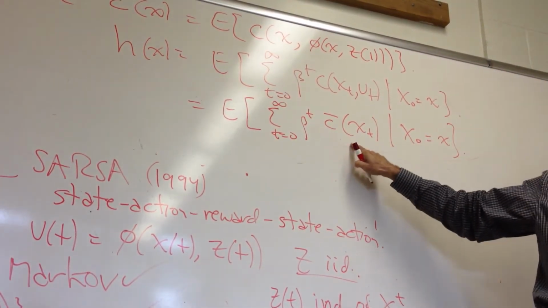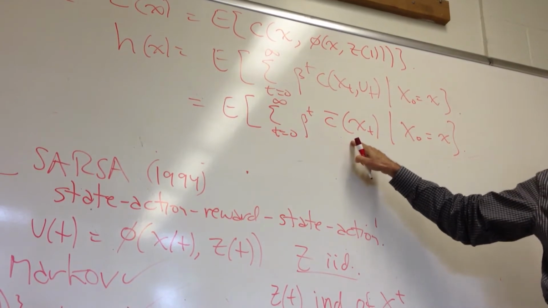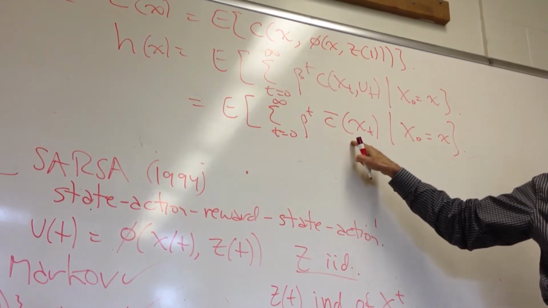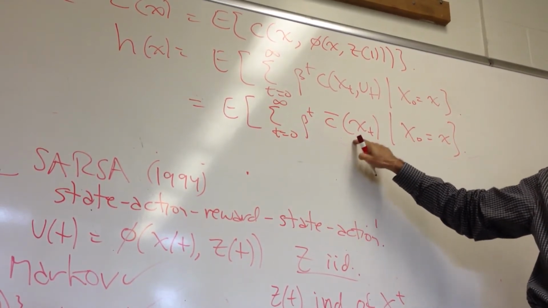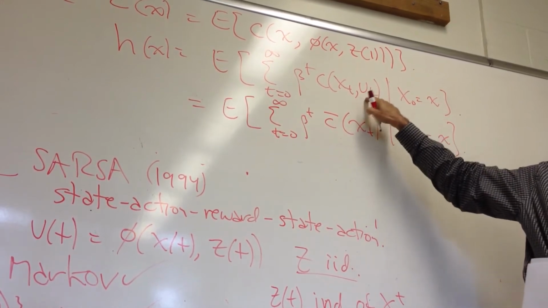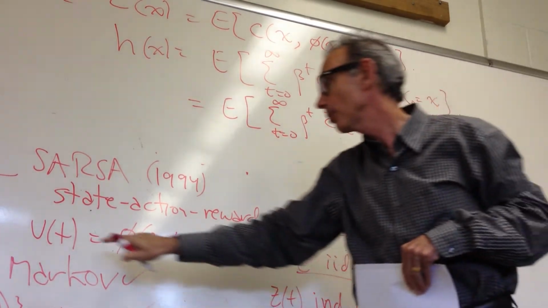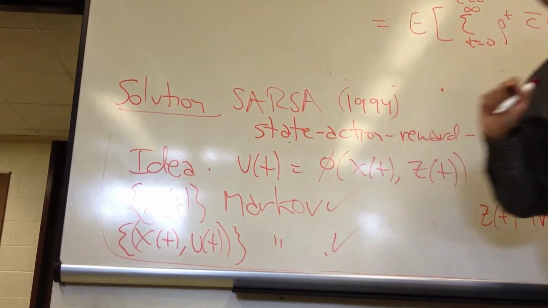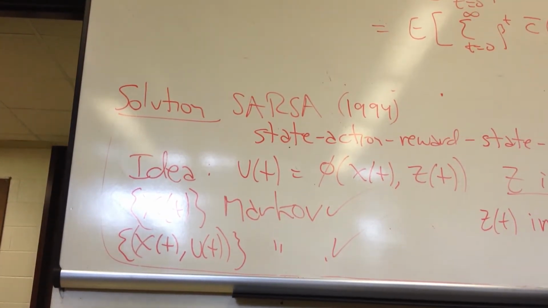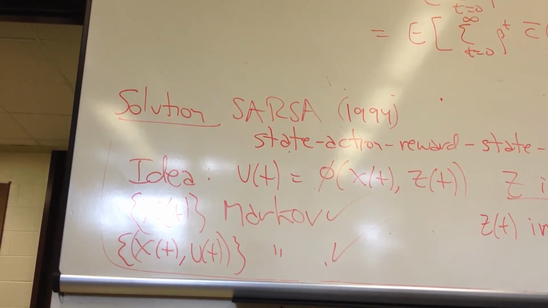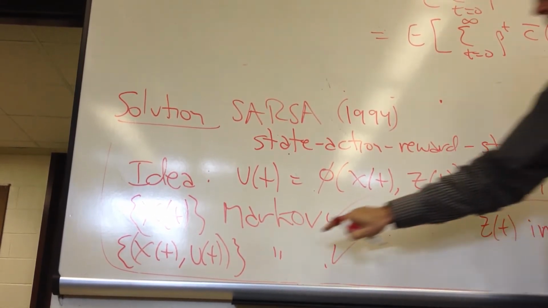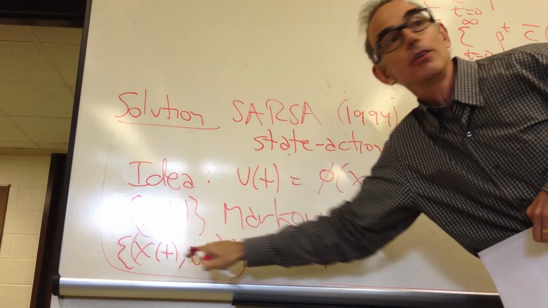So this was the justification for going through TD learning and LSTD. What I want to do is, instead of using this, go back to the dependency on two variables and use the fact that the pair process is Markov. But for that, I don't want to condition on x equals x. I want to condition on the entire initial condition of the bivariate Markov chain.